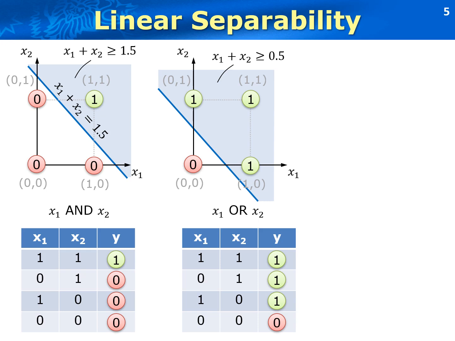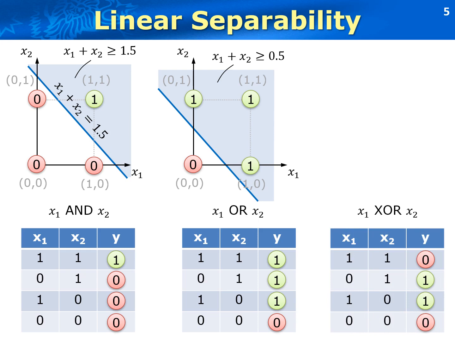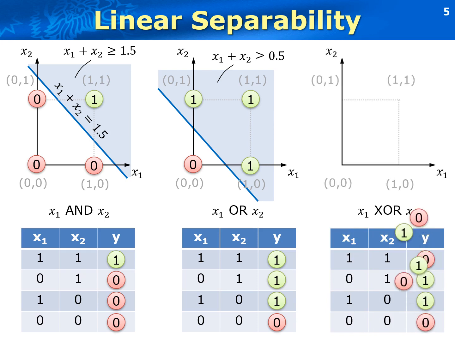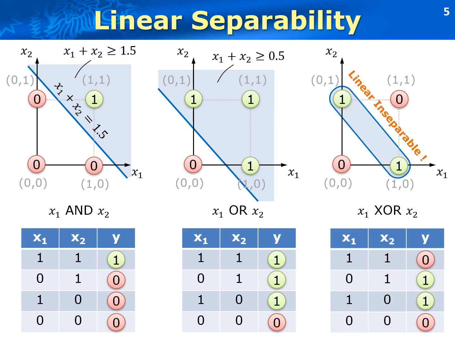One counterexample is the XOR gate. We can see there does not exist a single line that splits the 4 input data points into 2 categories, such that the 2 green data points are in 1/2 space and the 2 red points are in the other half space. Therefore, we say XOR is linearly inseparable.